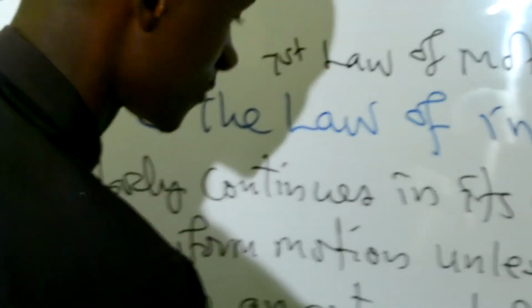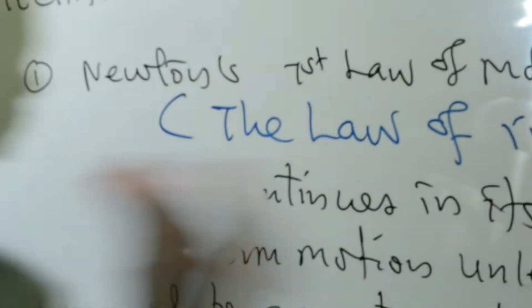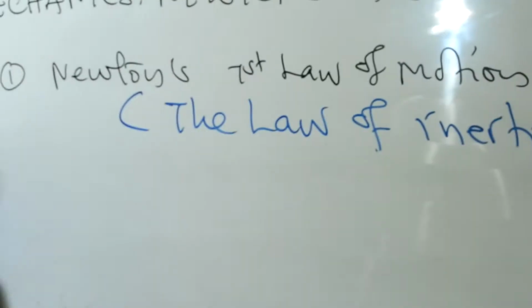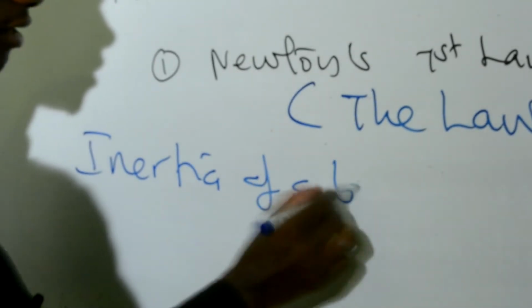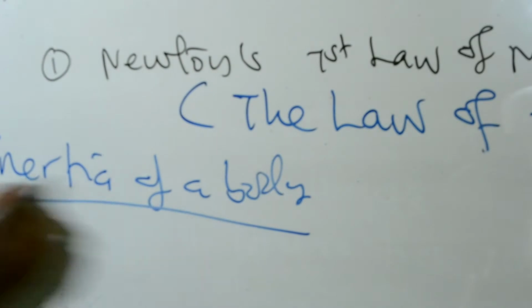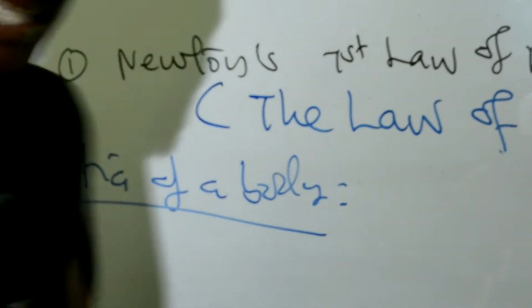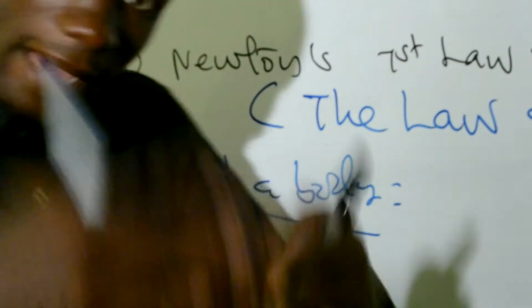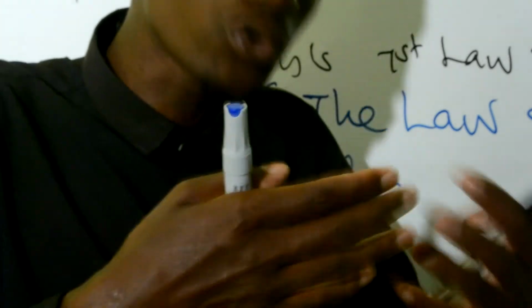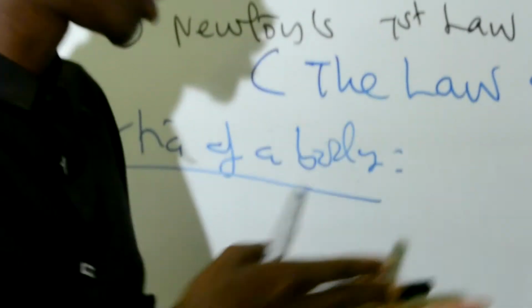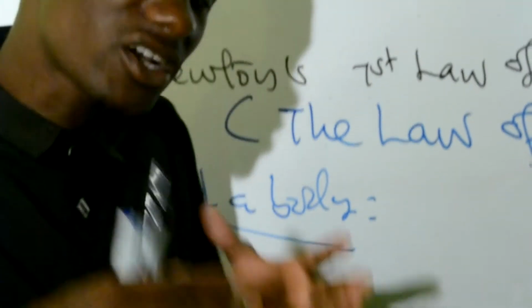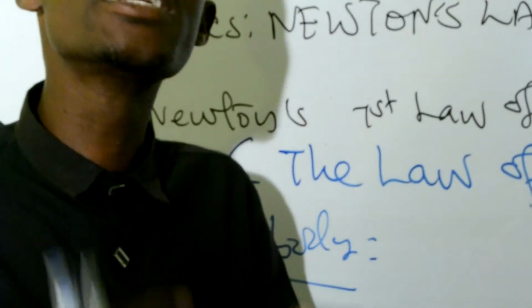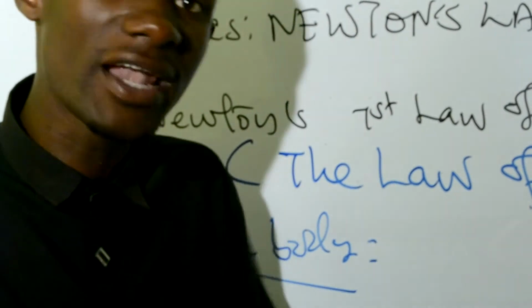Inertia of a body is defined as the ability of the body to resist motion or to continue moving in a straight line with constant velocity if there is no external force applied on it.